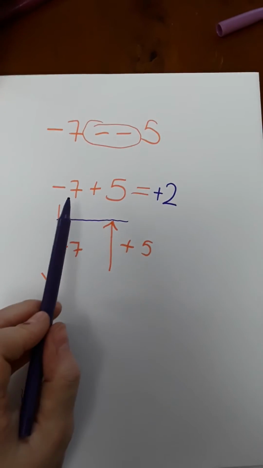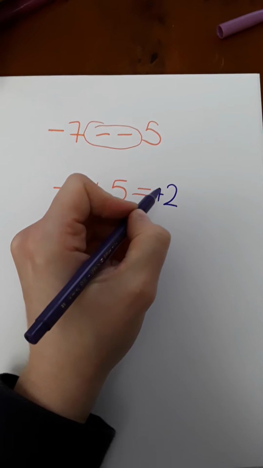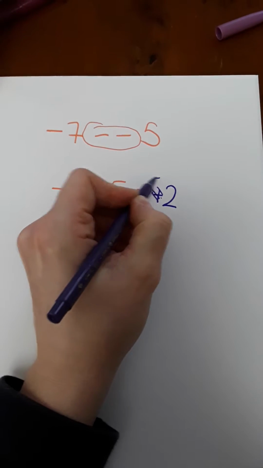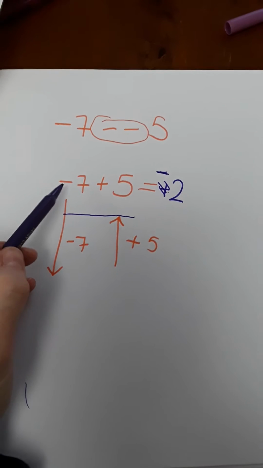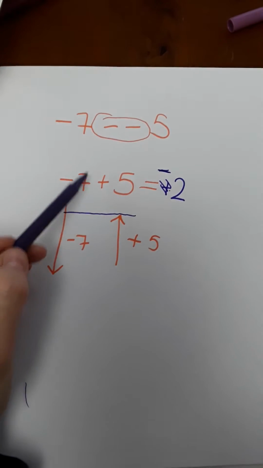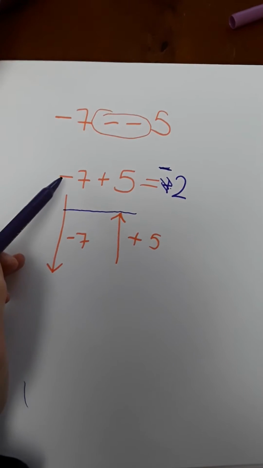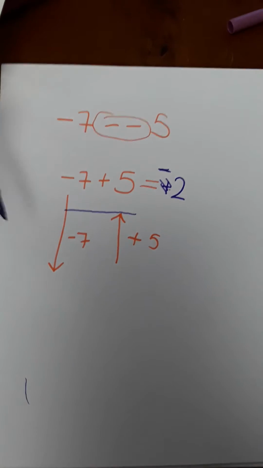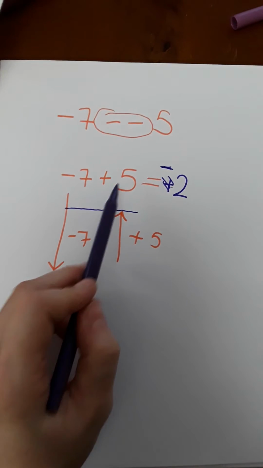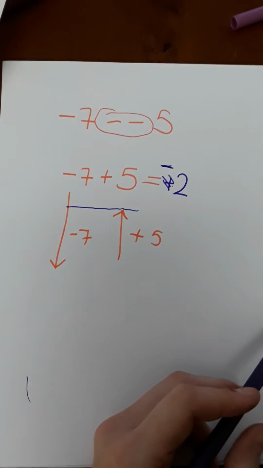And a good way to check that is, no, negative 2, what a muppet. Okay, and a good way to check that, so that's how I spotted my mistake, is if you have a larger negative number, it's not going to be cancelled out by the smaller positive. So you've gone down further than you've gone up, so your answer must be negative.